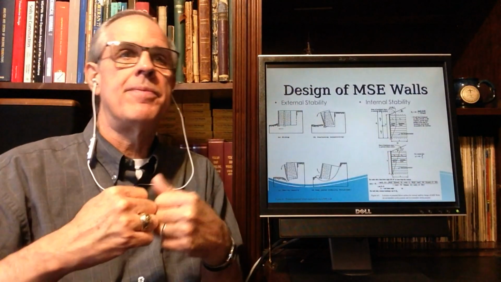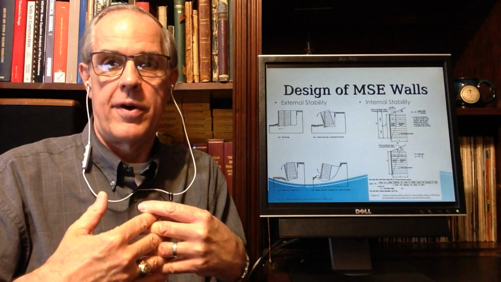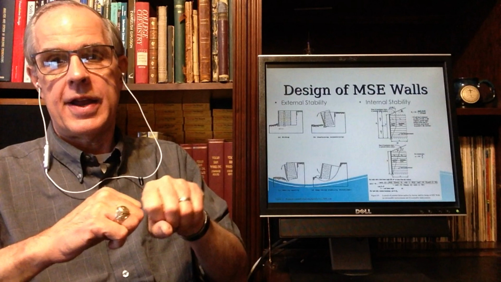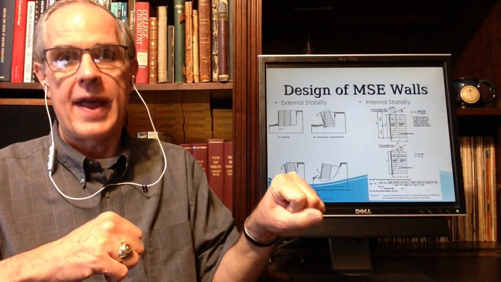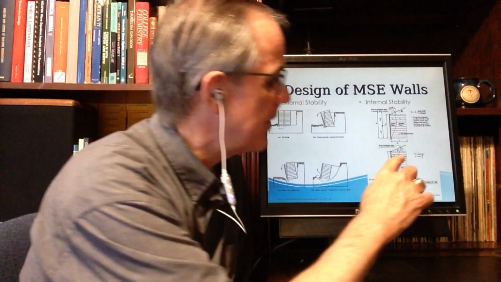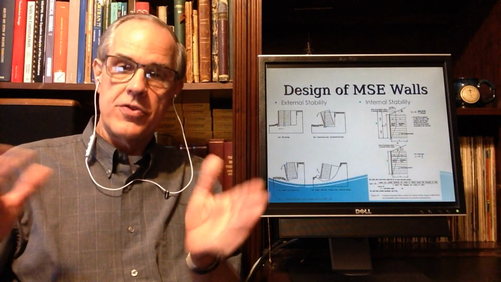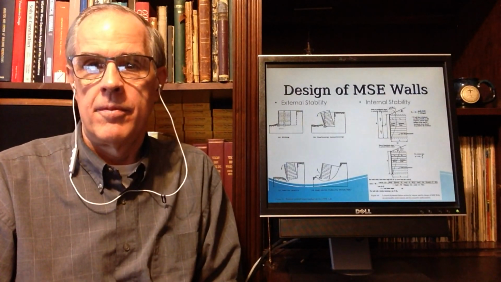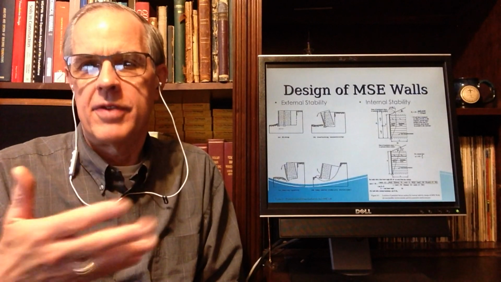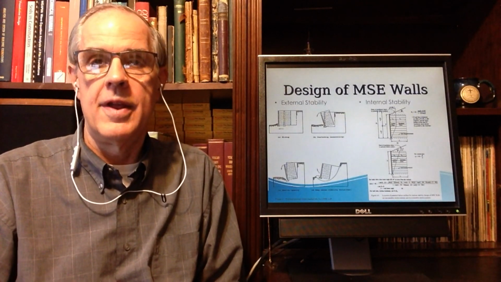So basically, every reinforcement is really in a tug of war. On this side, you've got the facing trying to pull the reinforcement out. And this side over here is the LE, which we make long enough so that the friction between the two will resist it. And of course, we have a multiplying factor of safety in there to make sure that doesn't happen.